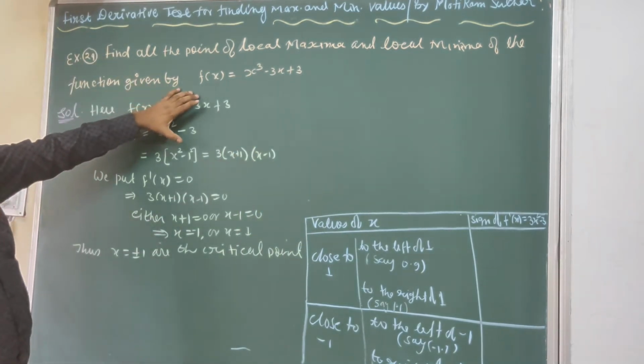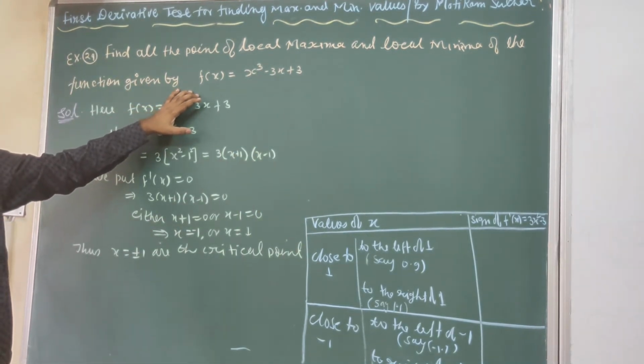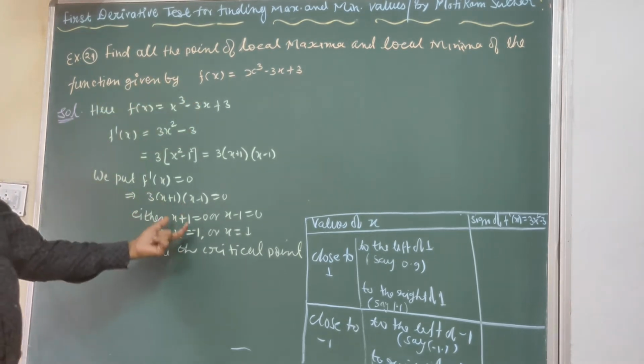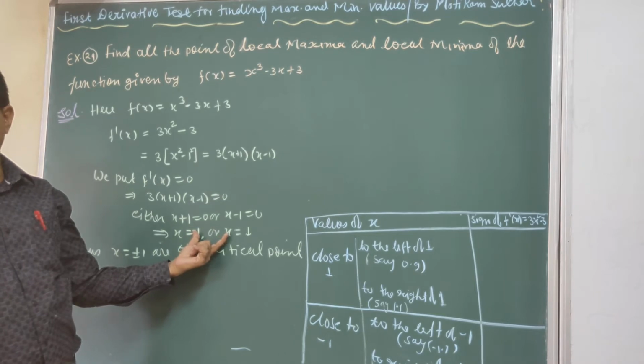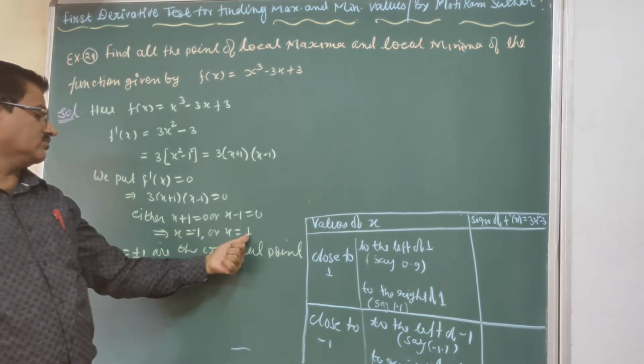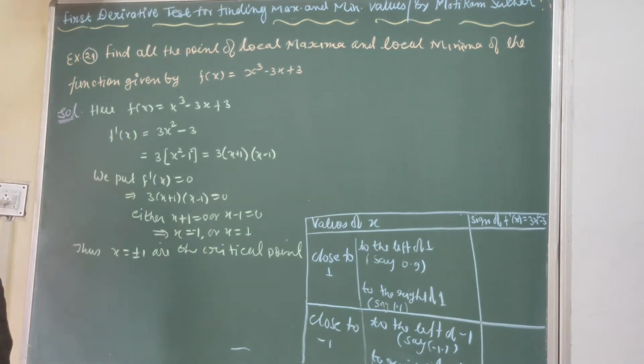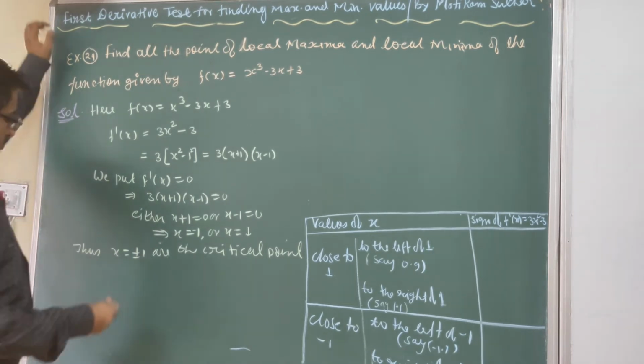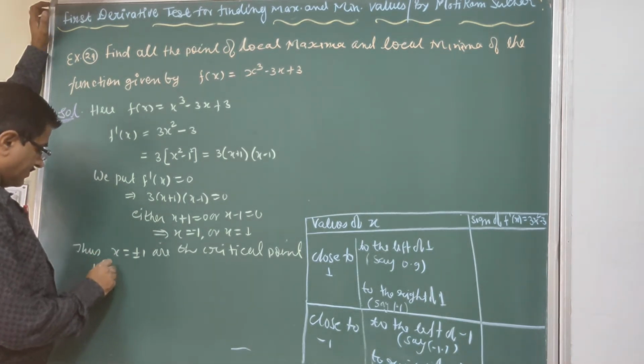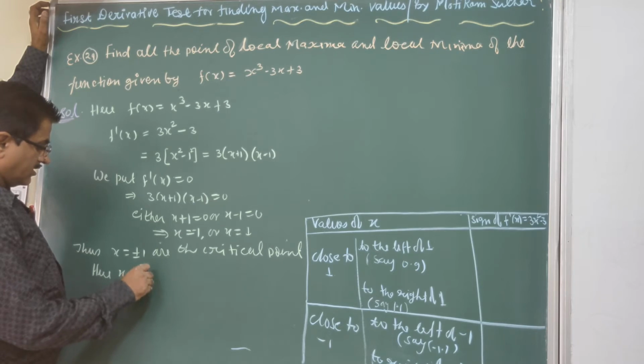You have to find the derivative of the given function and then put it equal to 0, and so you get the values of x. So x equal to minus 1 and x equal to plus 1 are known as the critical points. Now these 2 points are the points for local maxima or local minima. Clear?